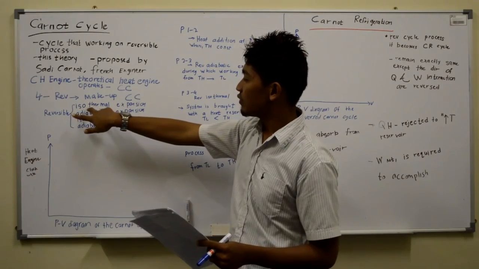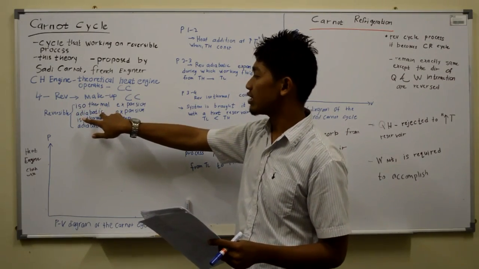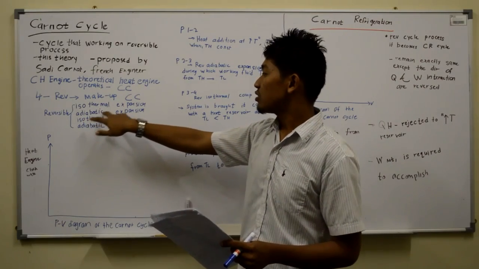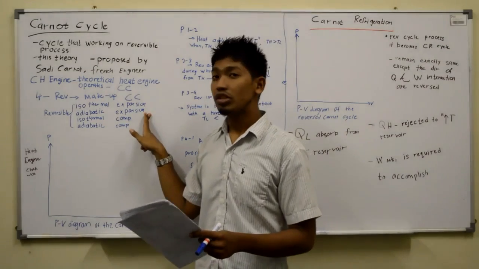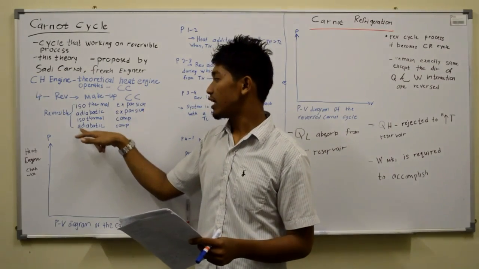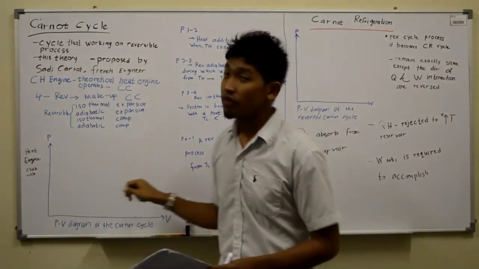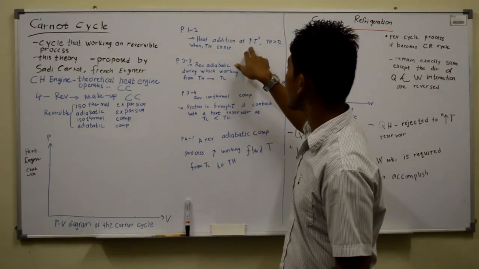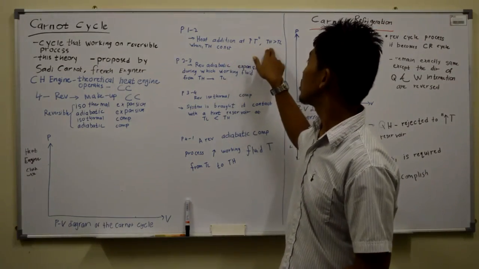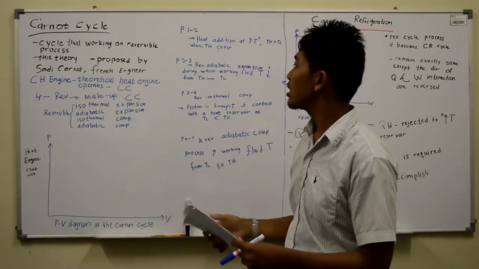The first process is reversible isothermal expansion, and then the second process is reversible adiabatic expansion, and thirdly reversible isothermal compression, and finally reversible adiabatic compression. Okay, for process 1 until 2, the heat addition is at high temperature, where TH is more than TL, and TH is constant.